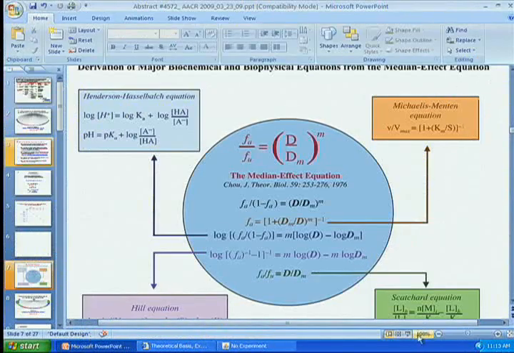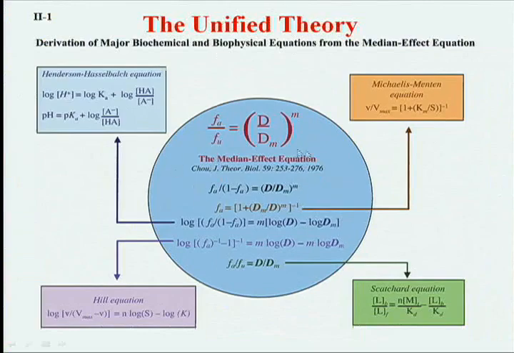Okay, the theory, as I indicated, the median effect equation I derived 32 years ago has become the unified theory for the mass action law, because it can be used to derive major biochemical and biophysical equations, like the Michaelis-Menten equation, Hill equation, Henderson-Hasselbalch for pH ionization, Scatchard equation for receptor binding. So this equation must be correct, otherwise textbooks need to be revised or rewritten.